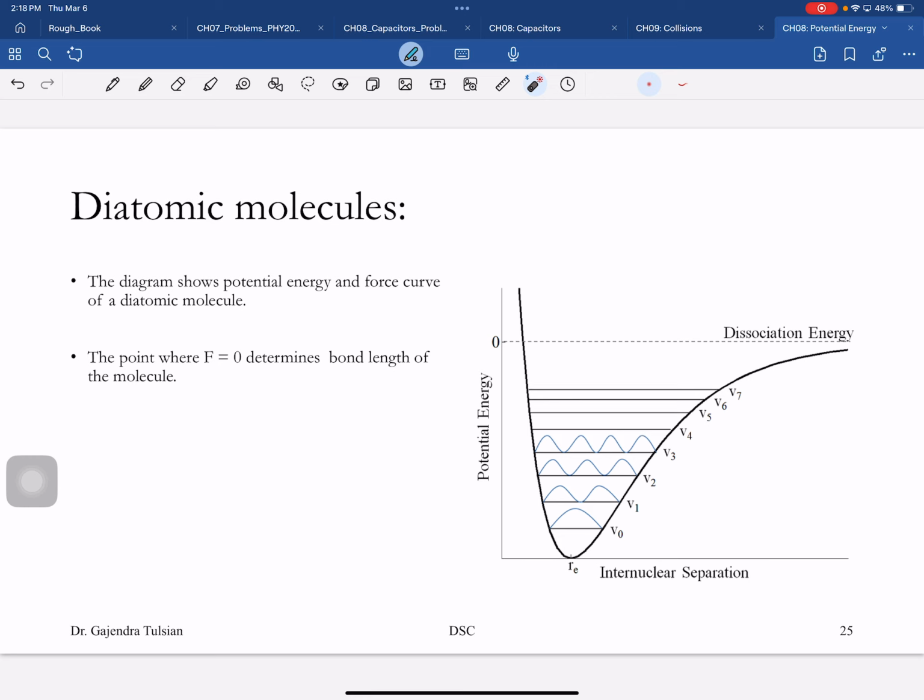He's going to pull him back. If you push him too close, he'll push him away. So this is the potential energy curve. There is the equilibrium point, and this is the bond length. So you give a curve like that, and you know the bond length.